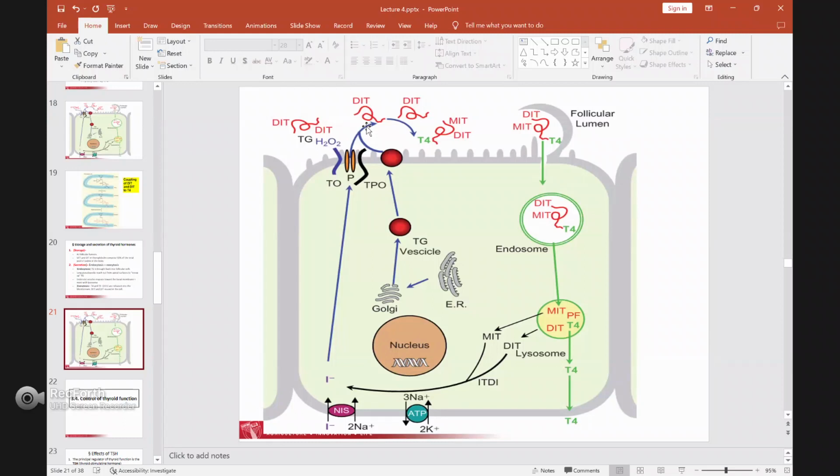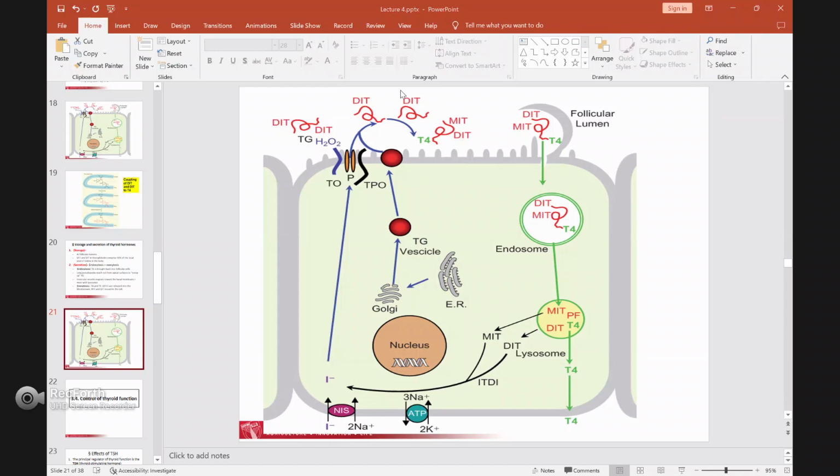Once the iodine goes to the lumen or colloid, it is oxidized by TO, or thyroid oxidase, another enzyme that will oxidize this iodine. The oxidation occurs because of the availability of peroxide. H2O2 is the peroxide.